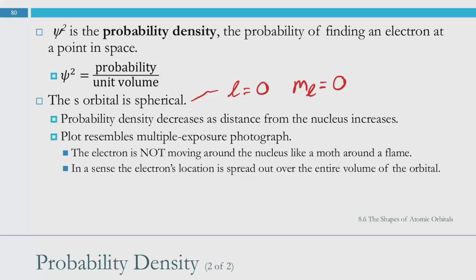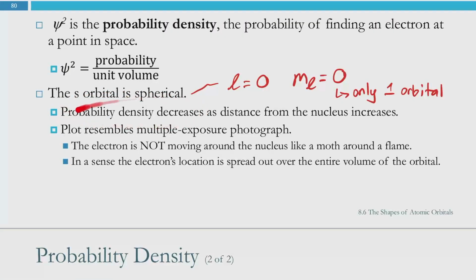Negative and positive 0 is the same as 0. So we're talking about our m sub l, which is our singular s orbital. We only have one s orbital because we only have one m sub l option. So we've only got one specific shape.